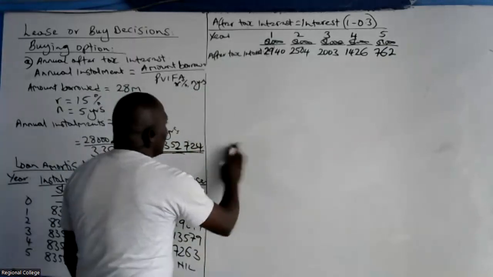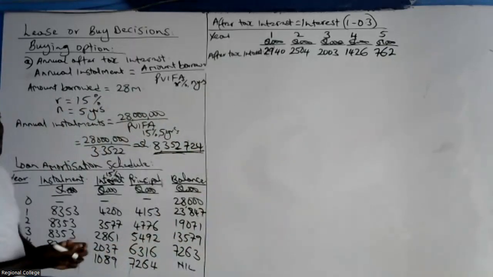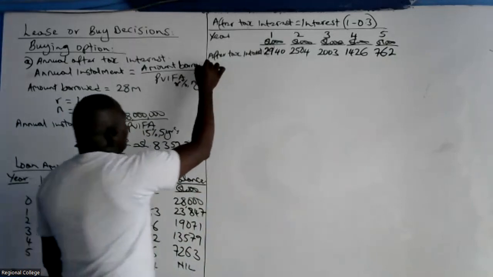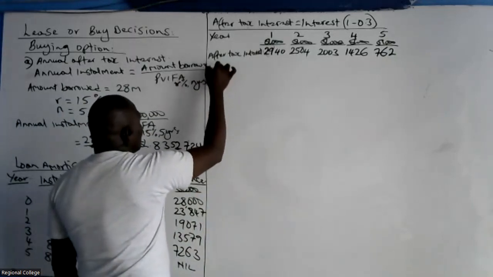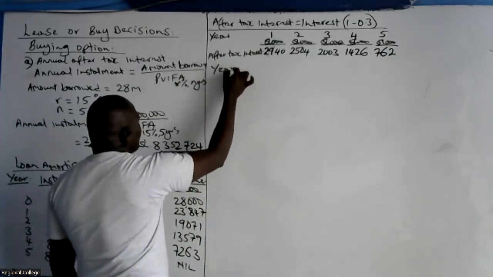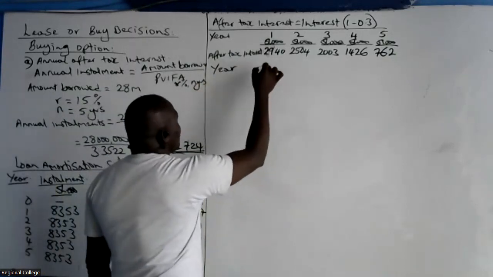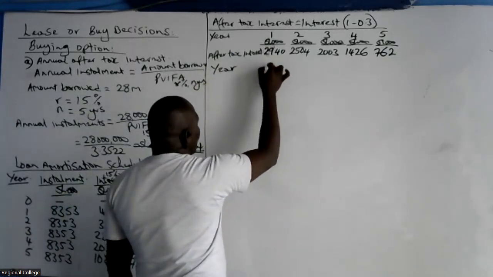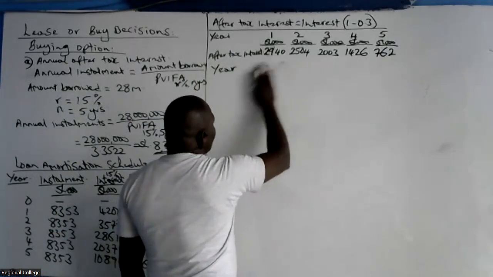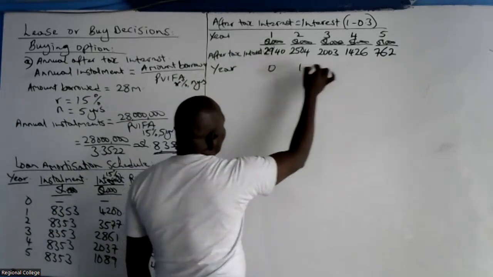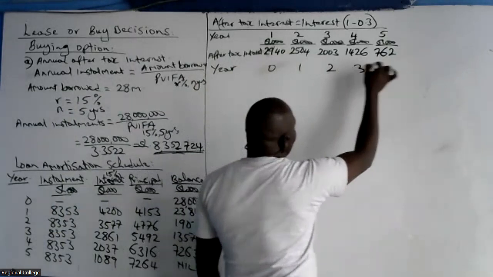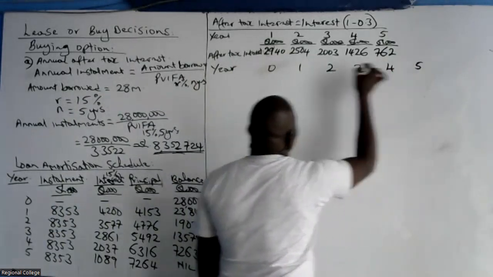So let's look at it now. We can have the year. We can even start with year 0. Then year 1, year 2, year 3, year 4, and year 5.